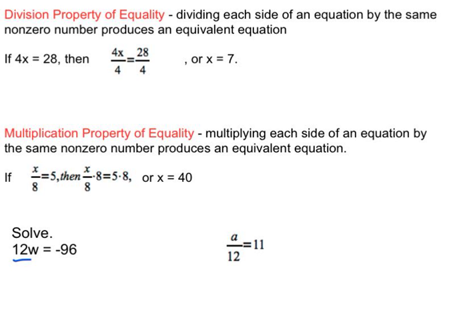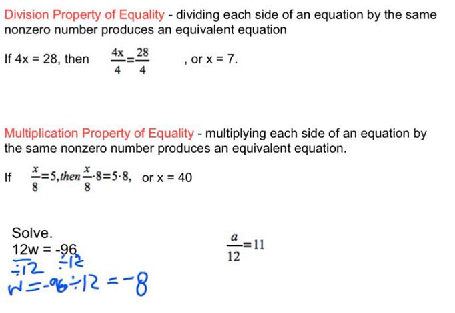So for this one here, we've got 12 times w is equal to negative 96. We're not looking for 12w. We're looking for just 1w. So we're going to divide both sides by 12. And when we do that, w is going to be equal to negative 96 divided by 12, and that's going to be equal to -8.